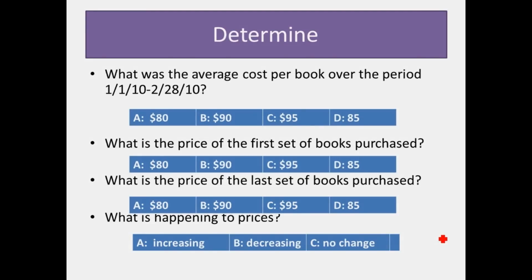How about the price of the last books purchased? 110. If this is the cost of the last set of books purchased, and you only sold 100 books, then of course your cost of goods sold would be based on a price per unit of $110 per book.